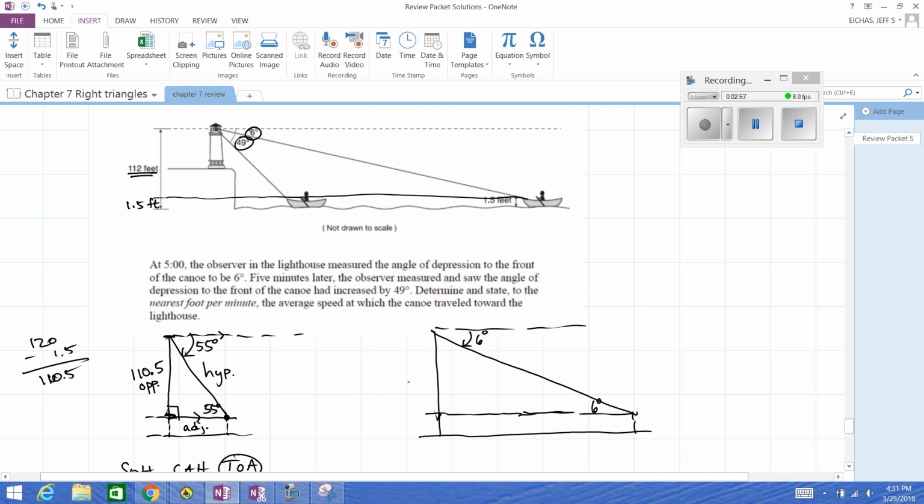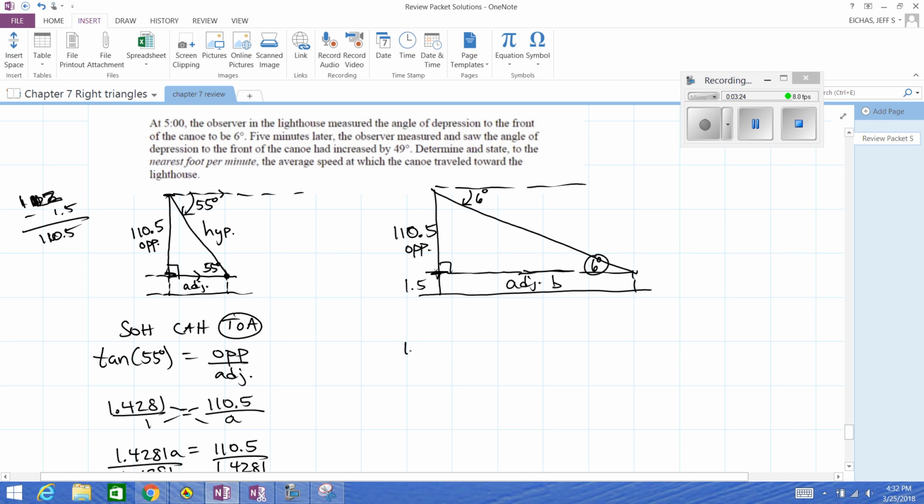So instead of 112, it's 110.5. The triangle we're working with has 110.5 as the opposite of this 6, and this leg is adjacent. We're going to call it B.